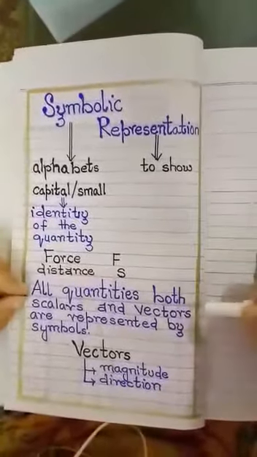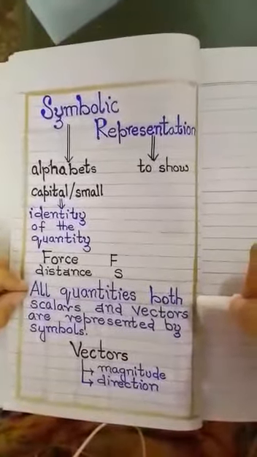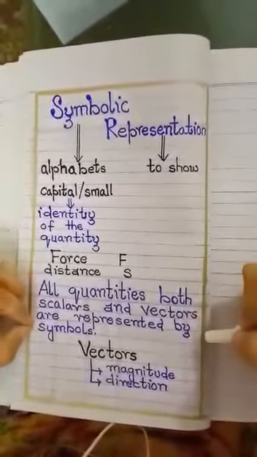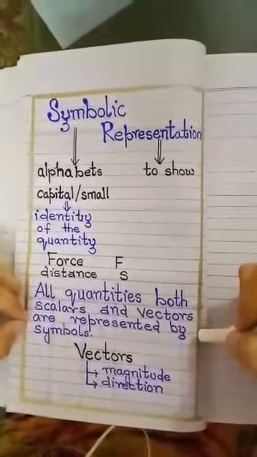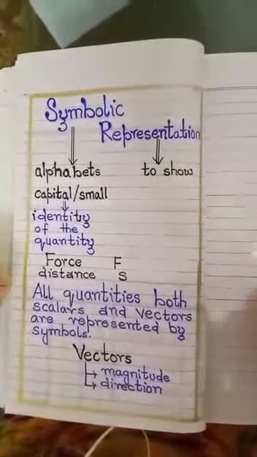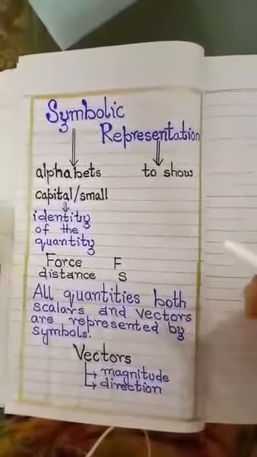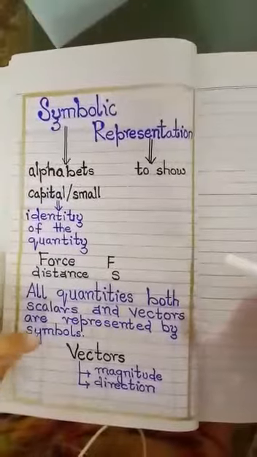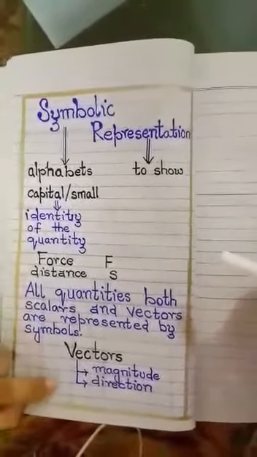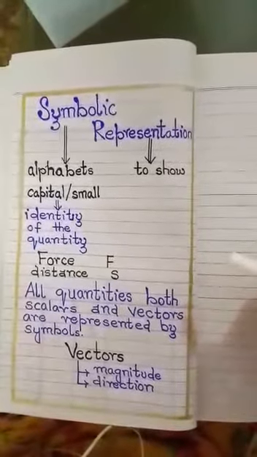Students, all quantities, both scalars and vectors, are represented by symbols. But you know that vectors are different from scalars. Vectors have direction along with the magnitude.